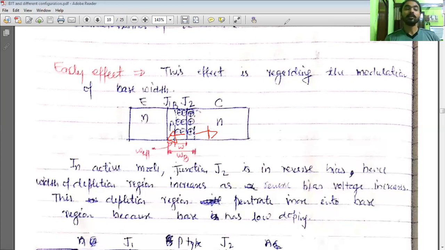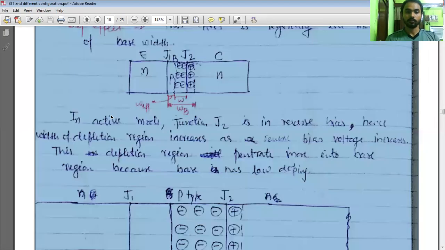I'm again repeating, since the base region is lightly doped, penetration of the depletion layer is more in the base region than the collector region. You can understand this in some way here.